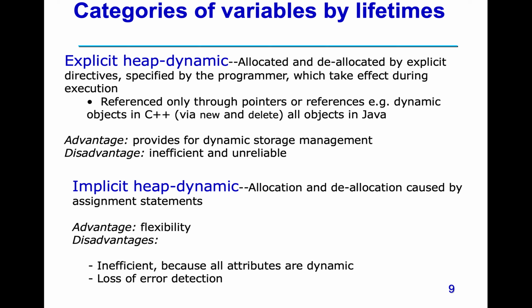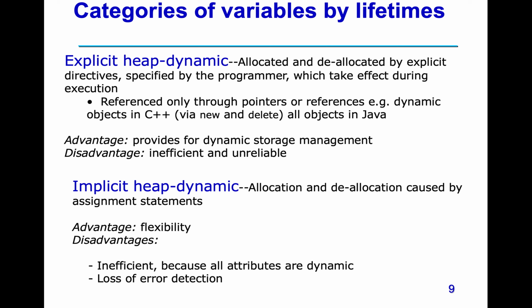And then I have implicit heap dynamics. So if the programmer's not doing it, then the compiler must be doing it for the programmer. Well, when does the compiler do that? In two cases, the copy constructor and the constructor, the default, or any made constructor in the class. So a constructor automatically allocates if there's a new something written in the constructor.